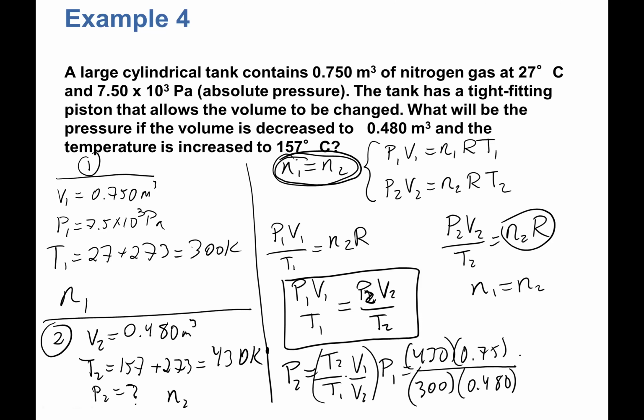Pressure 1 was 7.5 times 10 to the 3 Pascal. We plug in everything and calculate, and at the end we get a pressure 2 equal to 1.68 times 10 to the 4 Pascal.